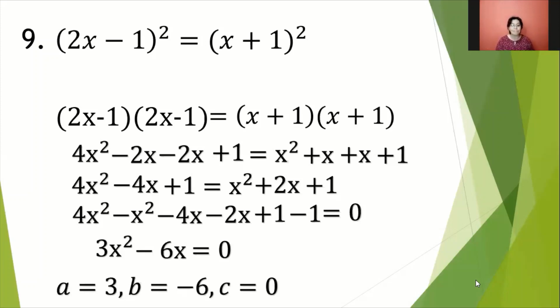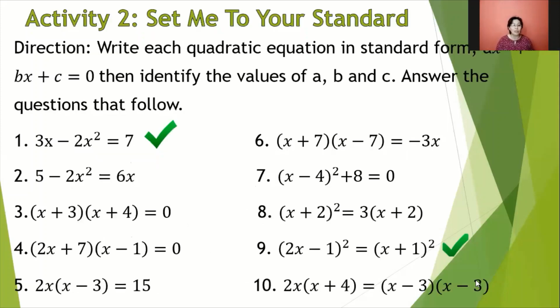Okay, now let us go back to your activity. Again, you have to answer number 2, number 3, number 4, number 5, number 6, 7, 8, and 10. Again, to my students, we will discuss your answers in our Google Classroom or in our face-to-face encounter.